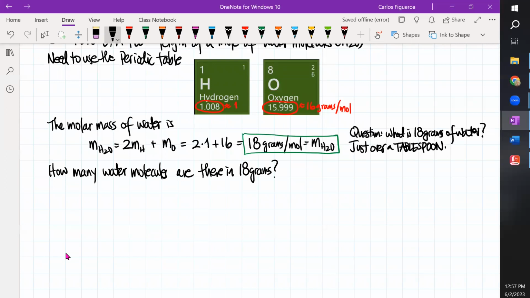The answer is it has to be Avogadro's number, which we can approximate as 10 to the 24 water molecules.